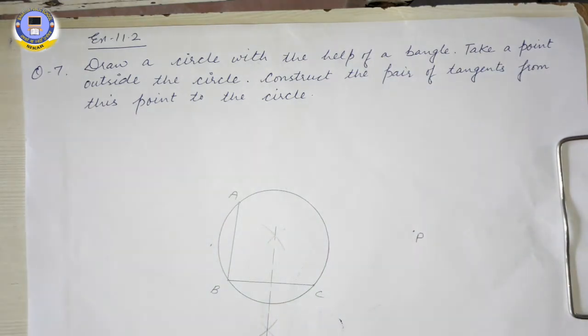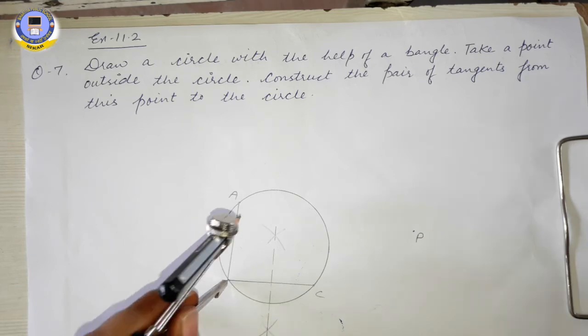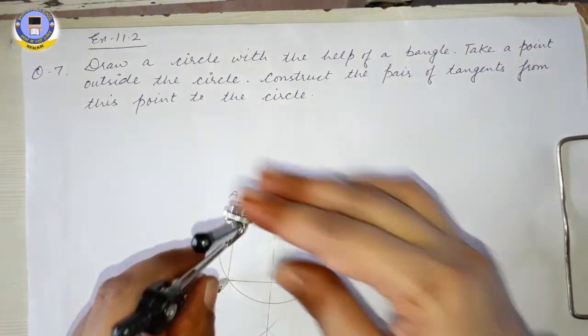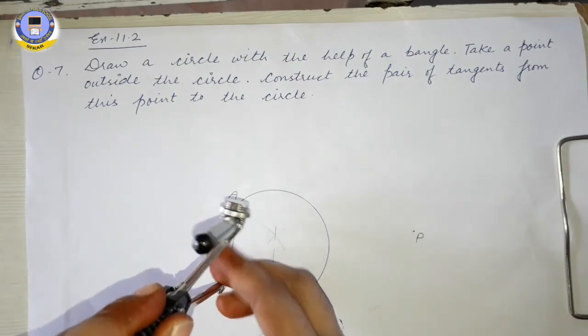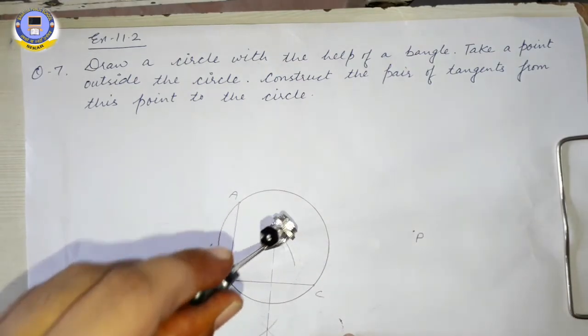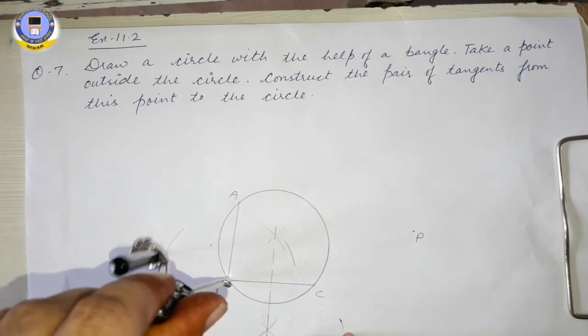Now this same process you have to follow with chord AB, so that we will get the perpendicular bisector of chord AB. Taking B as the center, open it more than half of AB and cut an arc. You can open it more so that it will intersect, and we'll get a new arc.